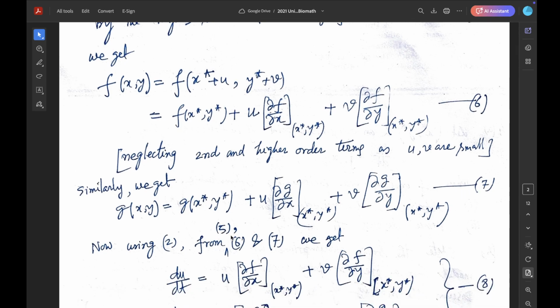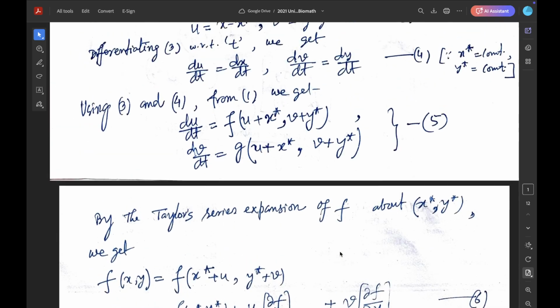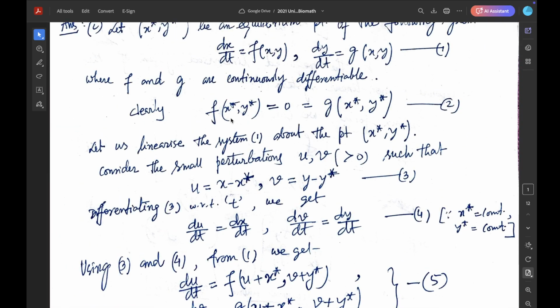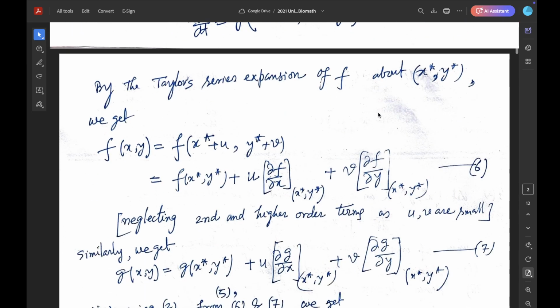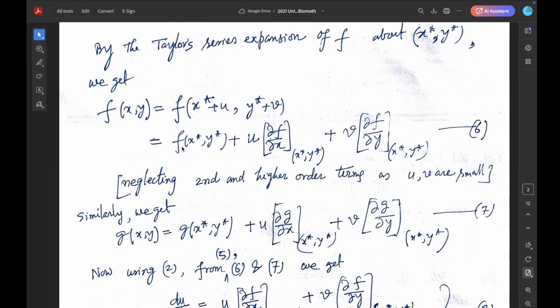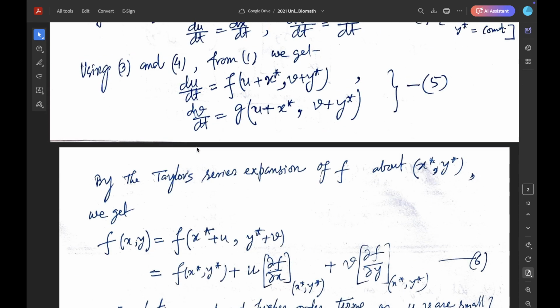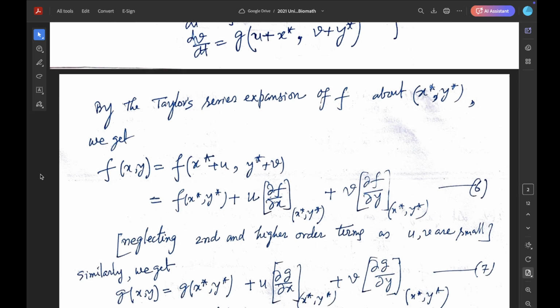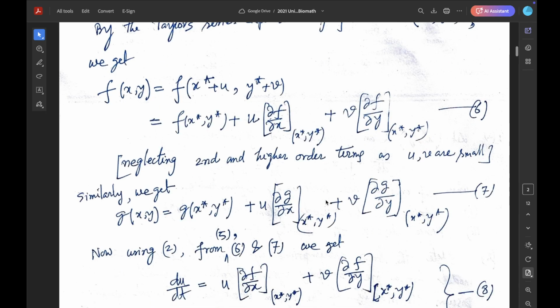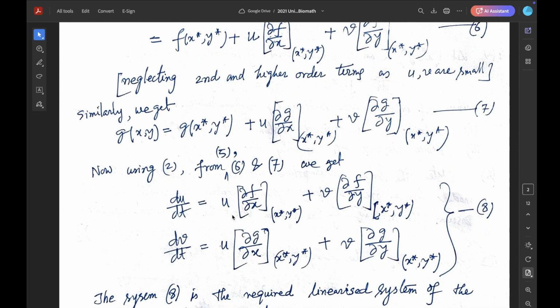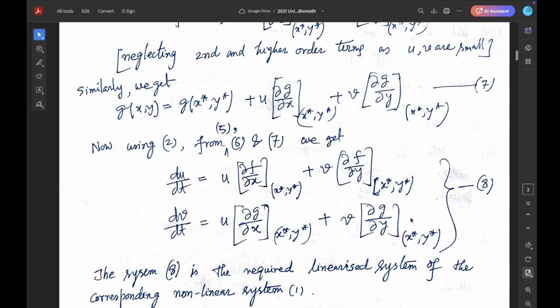Using 2 in 5, 6 and 7, we get f(x*, y*) = 0, g(x*, y*) = 0. So from 6, f(x*, y*) = 0, and from 5 we get du/dt = u ∂f/∂x at (x*, y*) + v ∂f/∂y at (x*, y*).